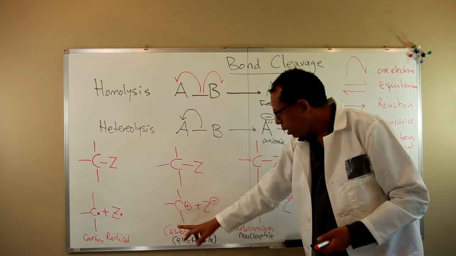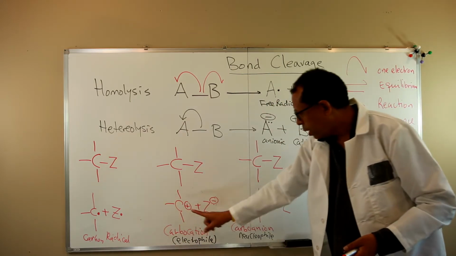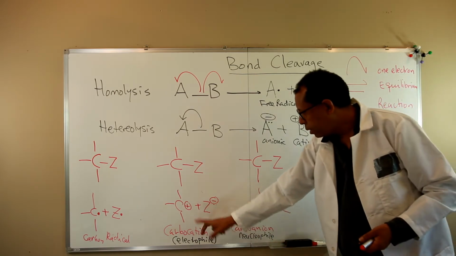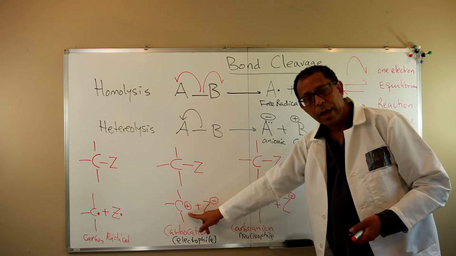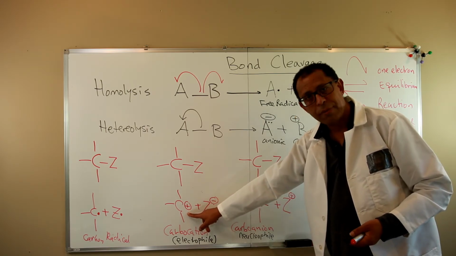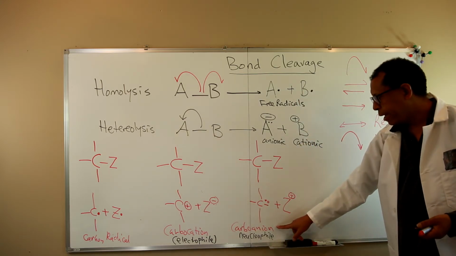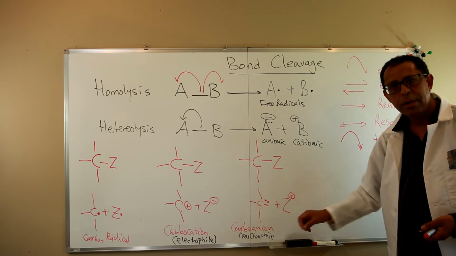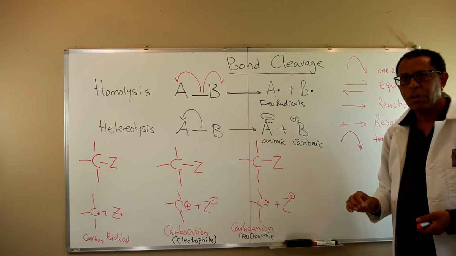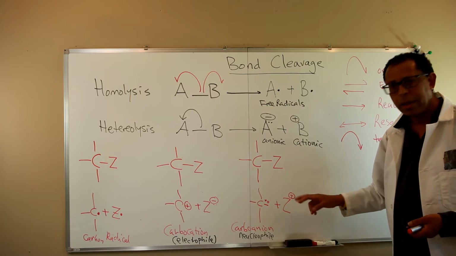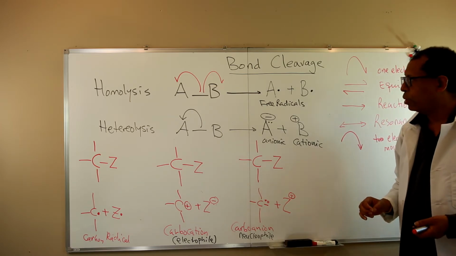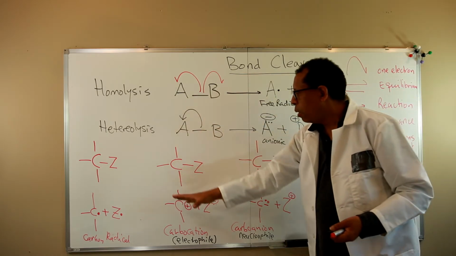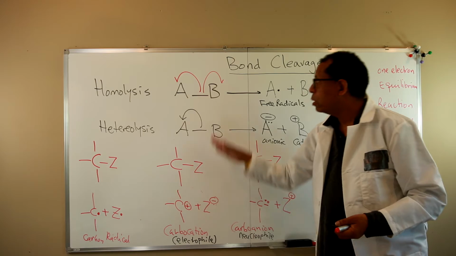We have a carbon radical, a carbocation, and a carbanion. A carbocation is positively charged, an electron-deficient species, very reactive. A carbanion is electron rich, a very strong nucleophile, meaning it attacks any positively charged species.